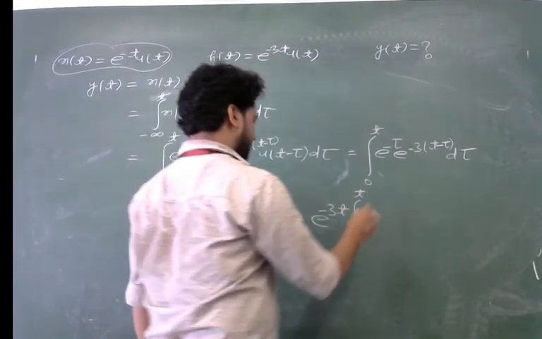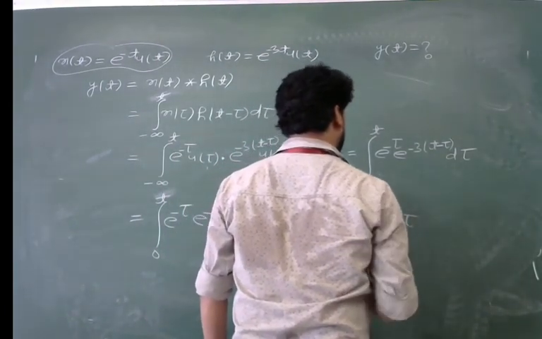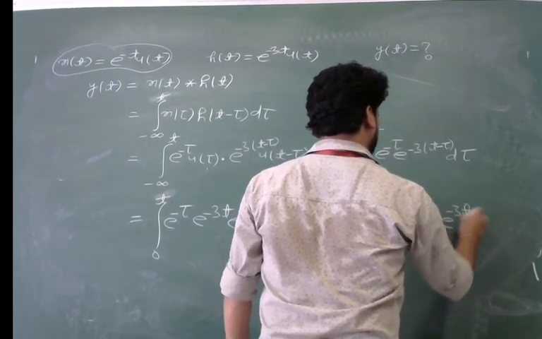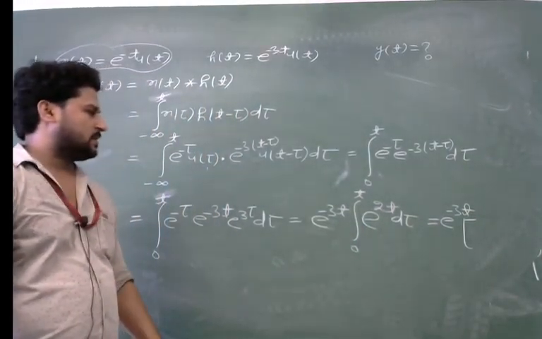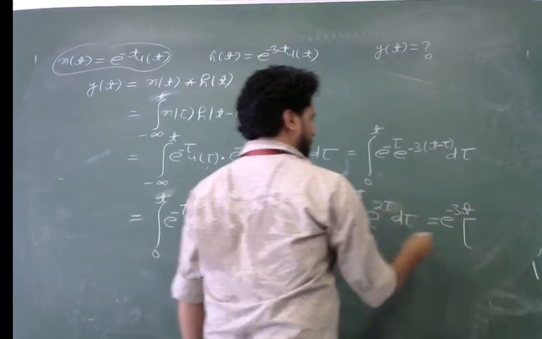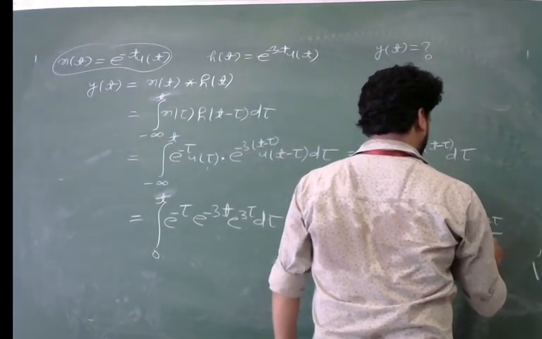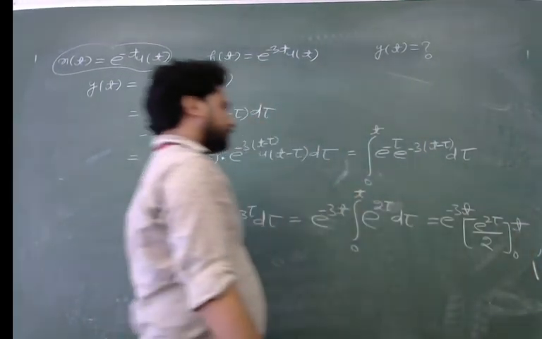So this becomes e^(-3t) times the integral from 0 to t of e^(2 tau) d tau. The integration of e^(2 tau) is e^(2 tau) by 2, with the limit from 0 to t.